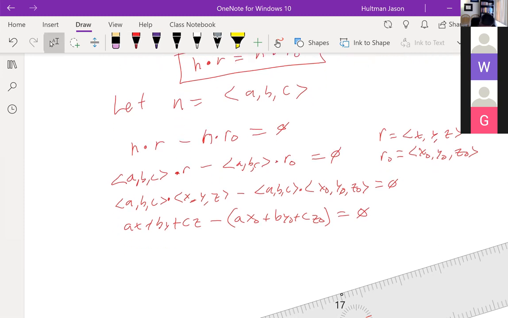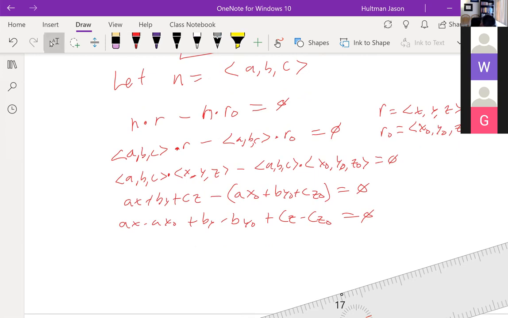Okay, let's distribute the negative and put like terms next to each other. So AX minus AX naught plus BY minus BY naught plus CZ minus CZ naught is equal to 0.